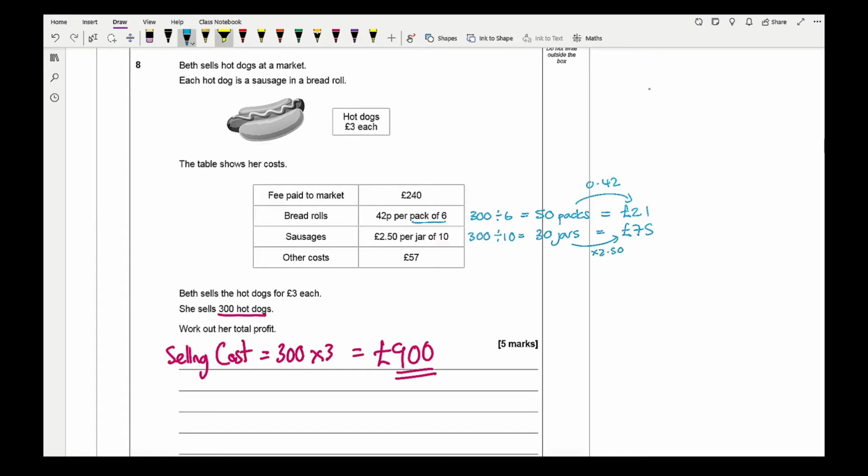So in terms of the actual cost to produce these hot dogs and also to sell them, I need to add 240 plus 21 plus 75 plus 57.